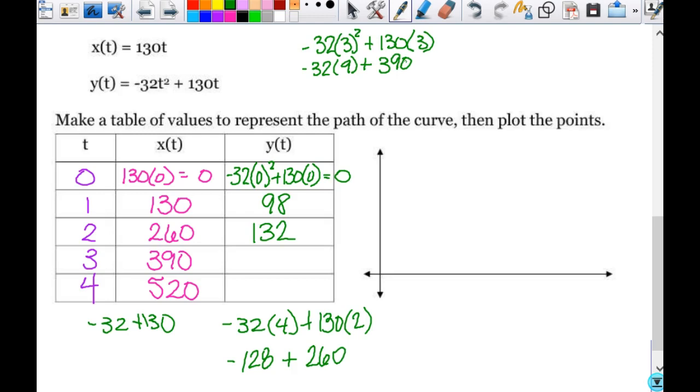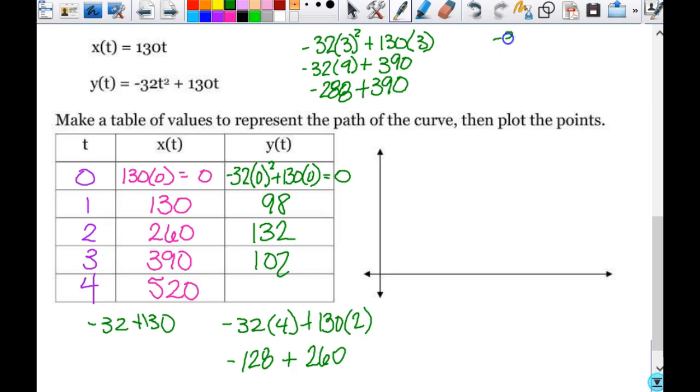All right, so negative 32 times 9. What is it? 288. So it's negative 288 plus 390. How much does that give me? 102.